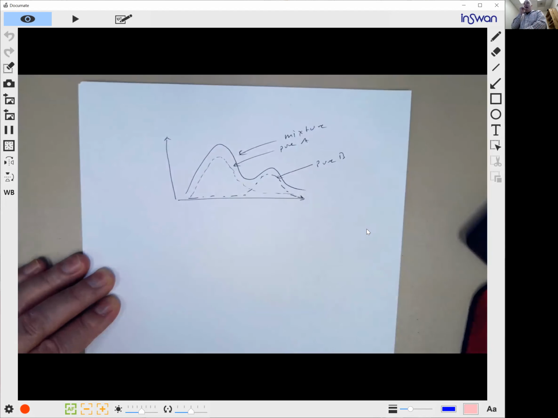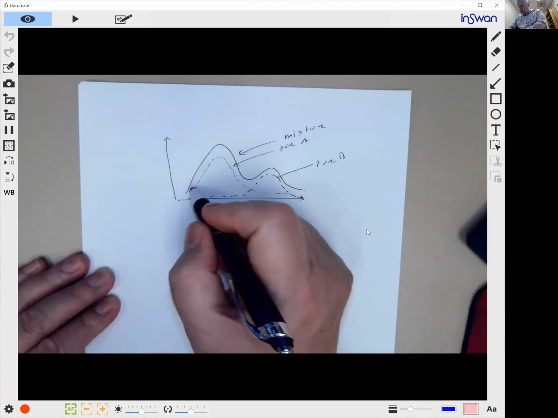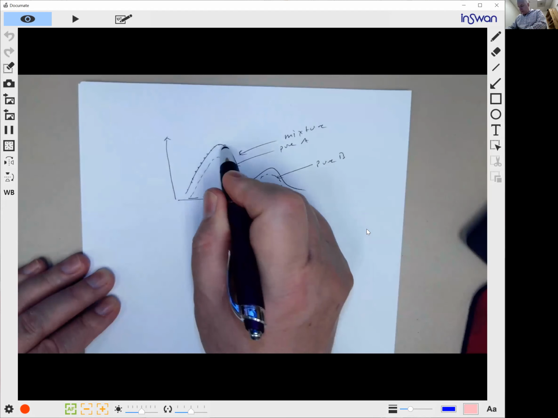These spectra are going to consist of a bunch of points.